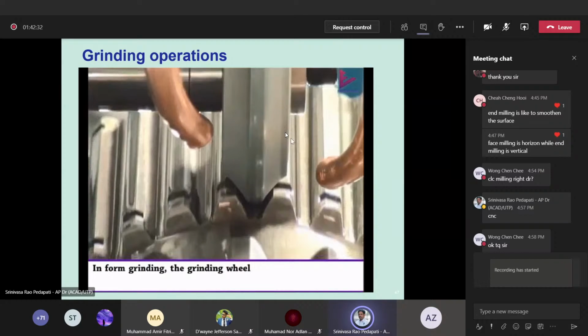To machine means to finish the gear. This is actually produced by a milling machine. After the gear wheel is machined by the milling machine, we need a finer finishing touch and finer dimensions for the gears. Then we use this grinding operation, which is called form grinding, where the wheel itself is in the form of the tooth which you want.